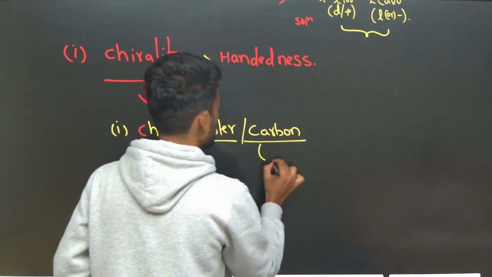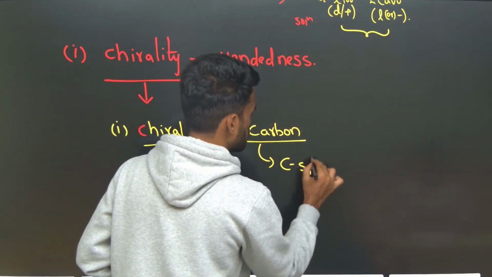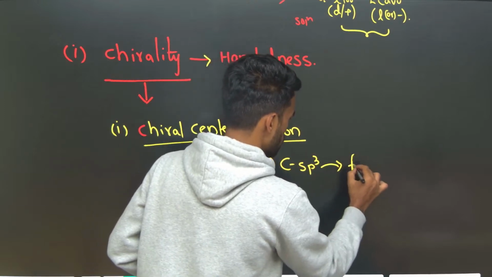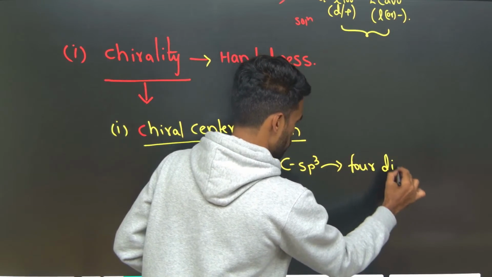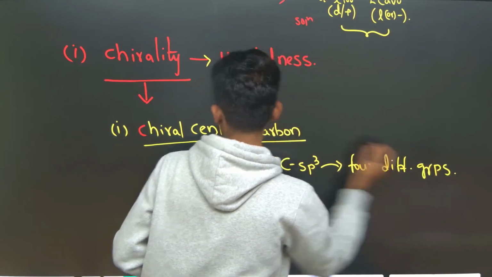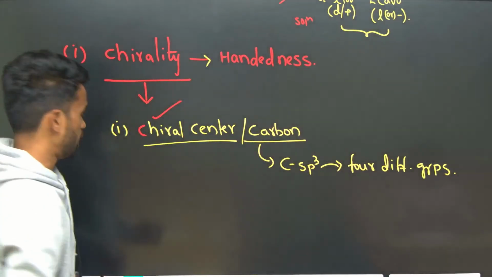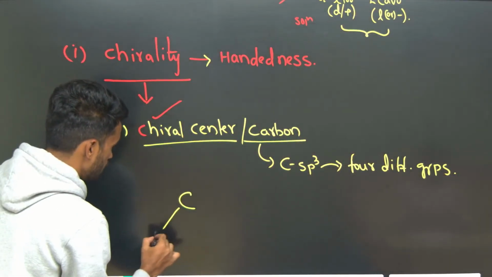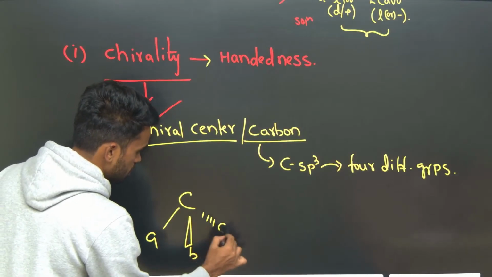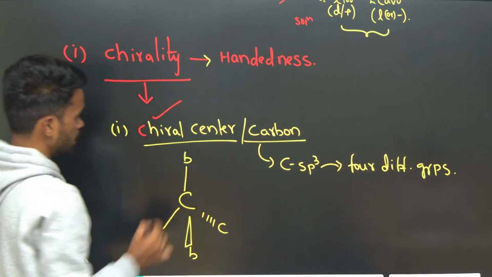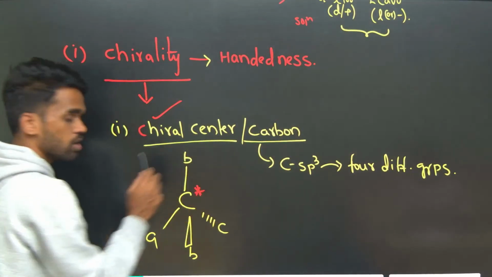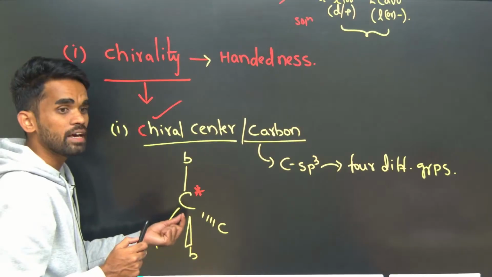Four. A carbon with sp3 hybridization that contains all four different groups is considered a chiral carbon. For example, a carbon with A, B, C, D, four different groups. This carbon is considered a chiral carbon, and it will be optically active.